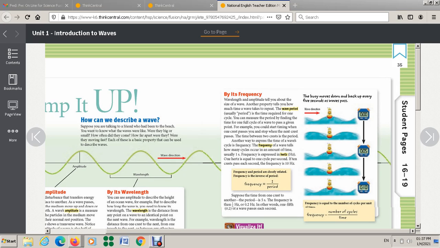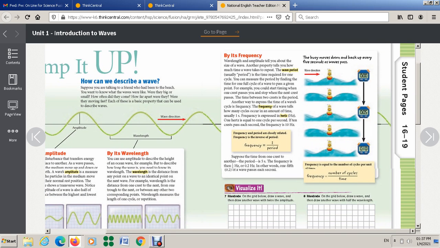If you have the period, you have a formula. We can also find the frequency from the definition of the frequency of a wave, which tells how many cycles occur in an amount of time. So frequency equals the number of cycles, or number of waves, over time.